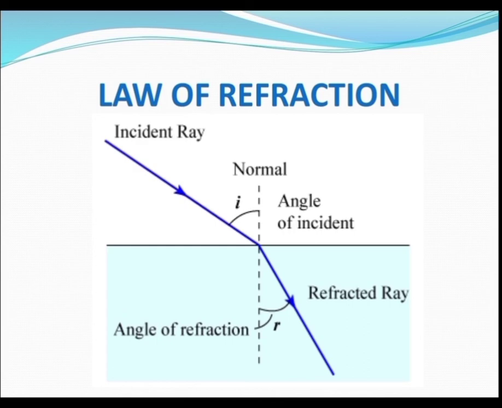In the denser medium, the refracted ray makes angle R with the normal, which is called the angle of refraction. Angle of refraction is the angle which the refracted ray makes with the normal. Since light is traveling from a rarer medium to a denser medium, it bends towards the normal.